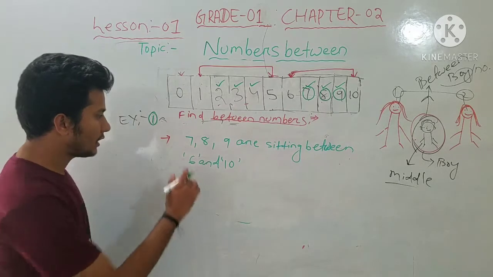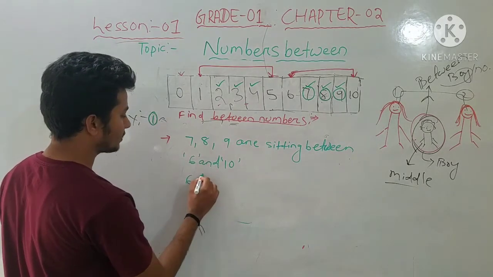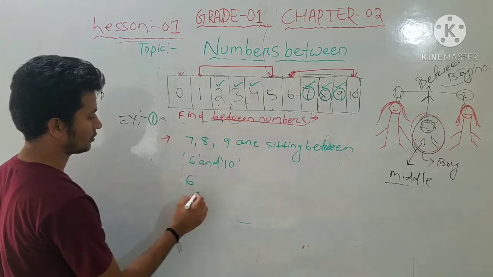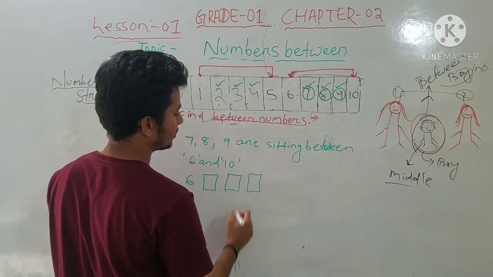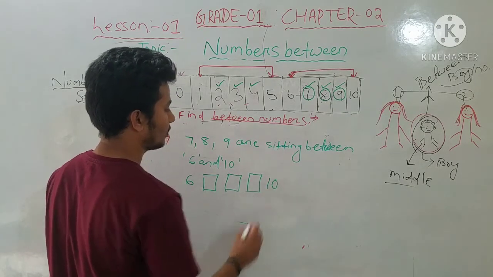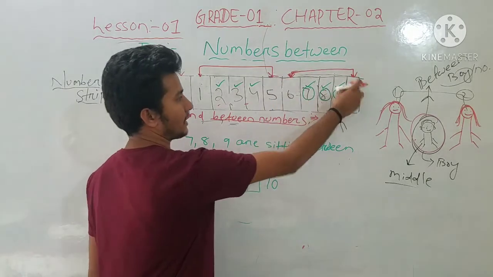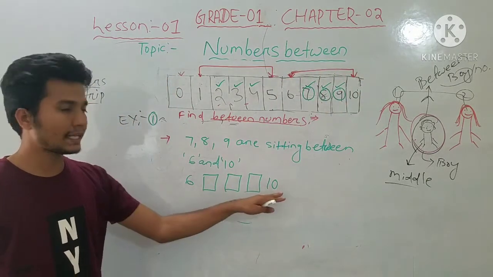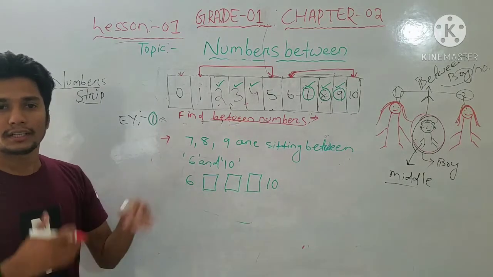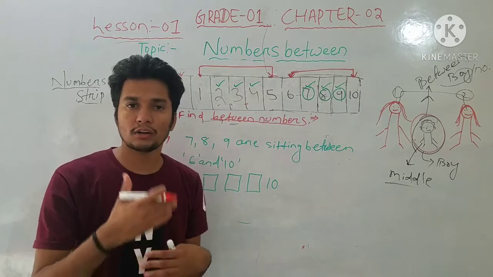Okay? So this example we can write in another way. If I write 6 dash 10. Okay? 6 here and 10 there. What are the numbers I can put in between 6 and 10? So to write down the between numbers, I said before, we have to count forward.